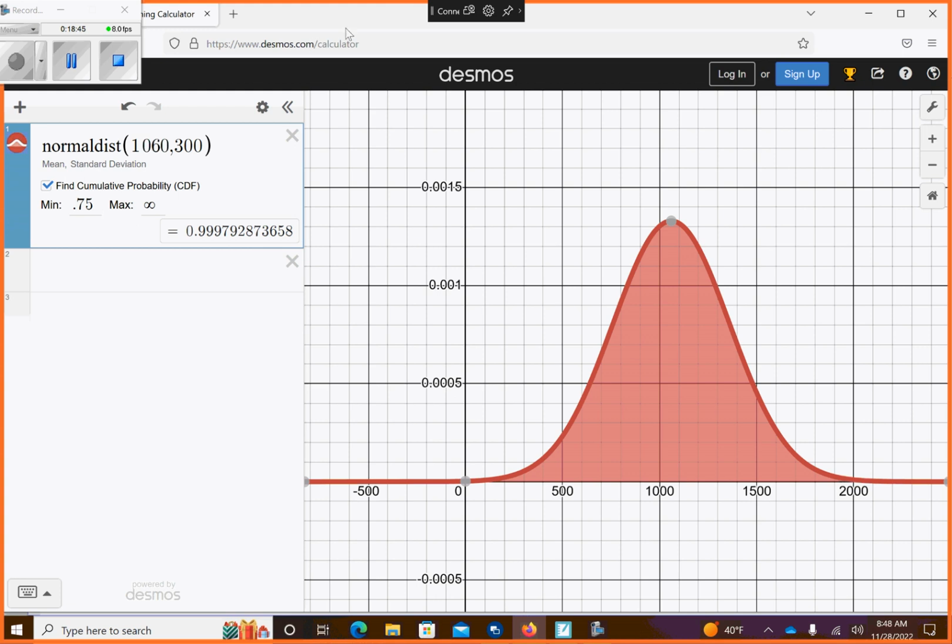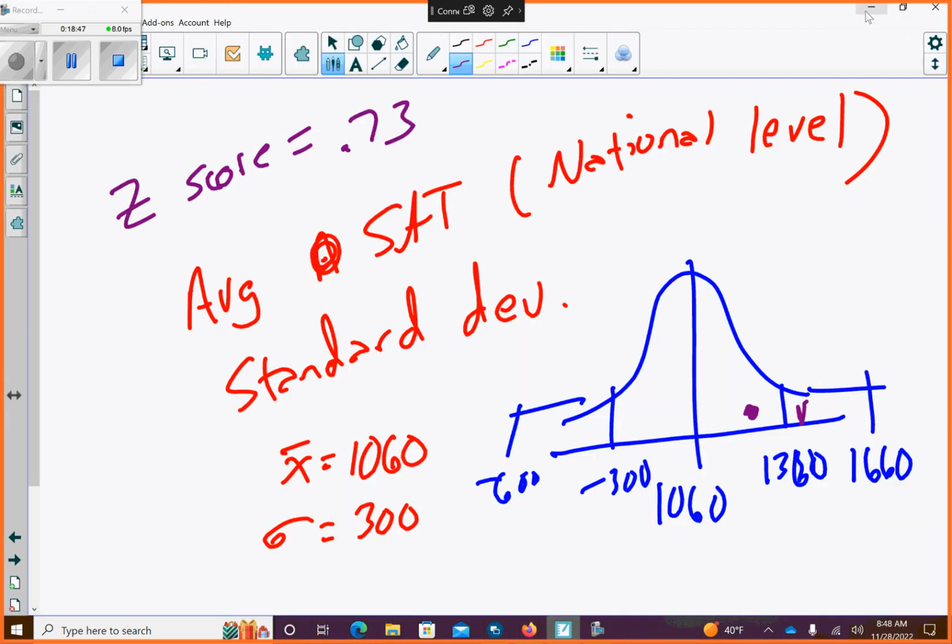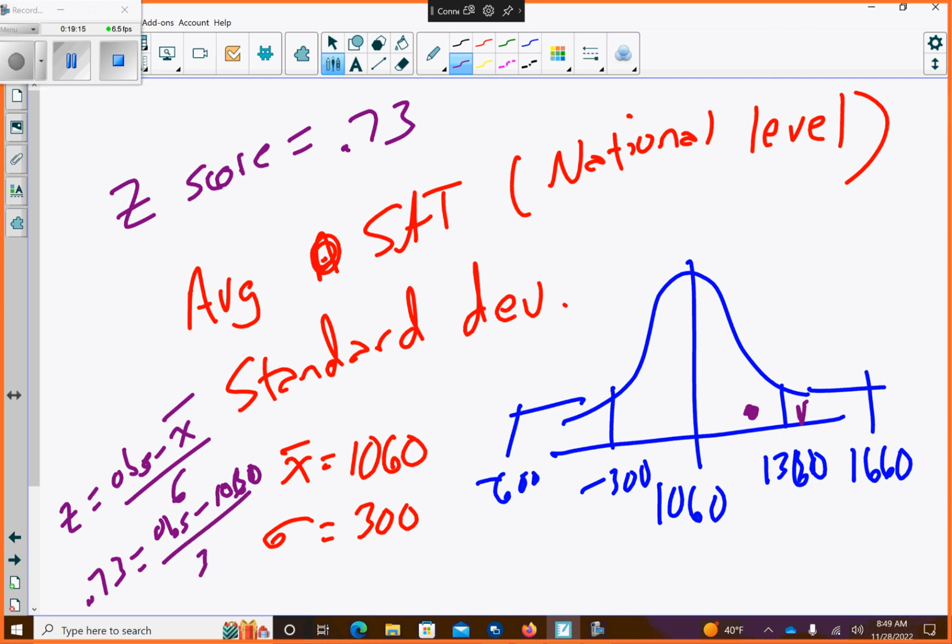We have to work backwards to figure out where we're going to fall in. They gave us a Z-score of 0.73. Remember, the Z-score equation is observation minus the mean over the standard deviation. So if we had a 0.73 and we want to figure out our observation minus our 1060, over our 300.